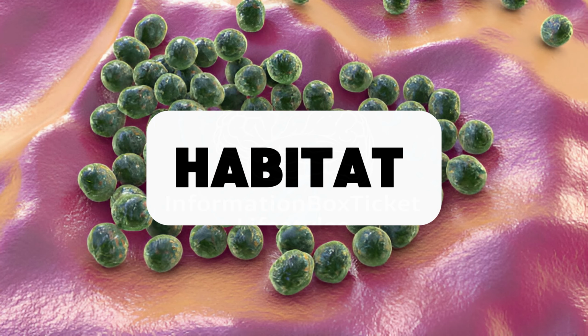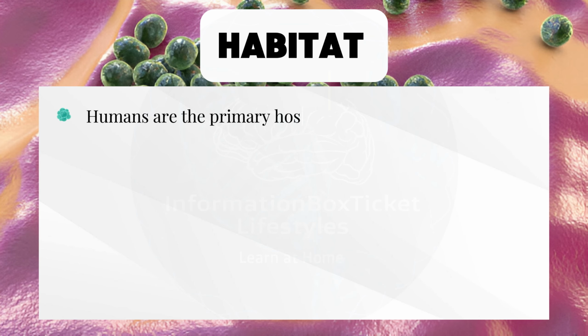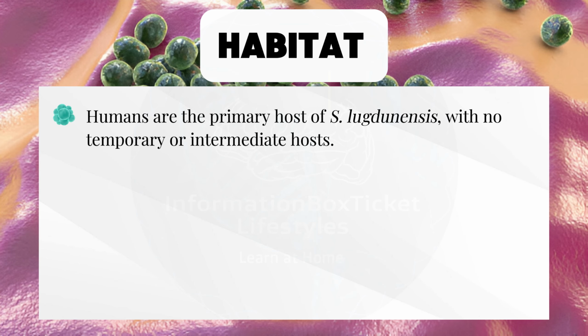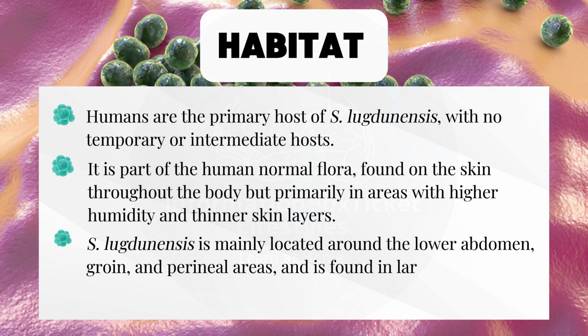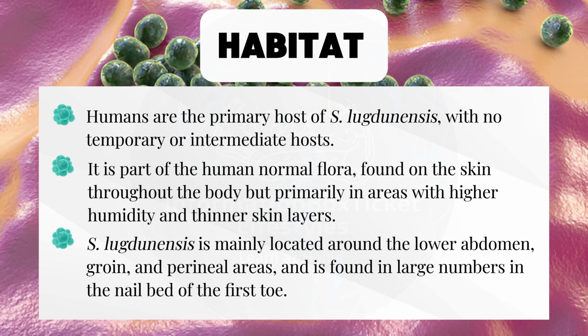Habitat of Staphylococcus lugdunensis. Humans are the primary host of Staphylococcus lugdunensis, with no temporary or intermediate hosts. It is part of the human normal flora, found on the skin throughout the body, but primarily in areas with higher humidity and thinner skin layers. Staphylococcus lugdunensis is mainly located around the lower abdomen, groin, and perineal areas, and is found in large numbers in the nail bed of the first toe.